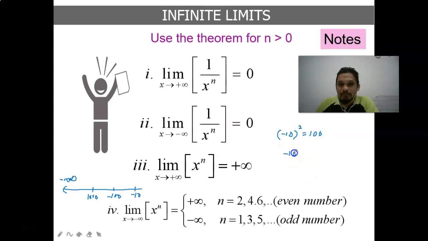And negative 10 when n is an odd number: 1, 3, 5, and so on. Let's begin with 3. So negative 10 to the power of 3 equals negative 1000. So the value is positive when n is an even number, and negative when n is an odd number.